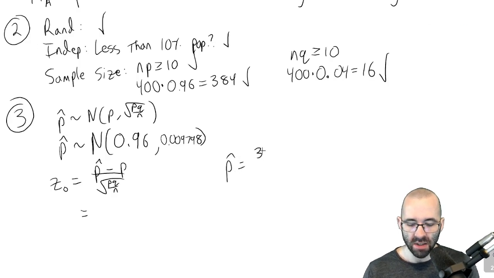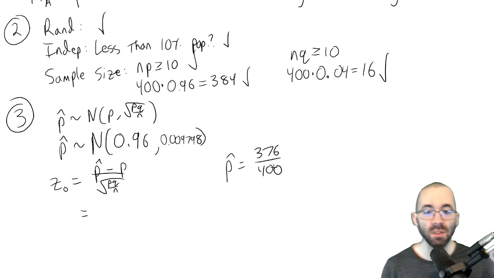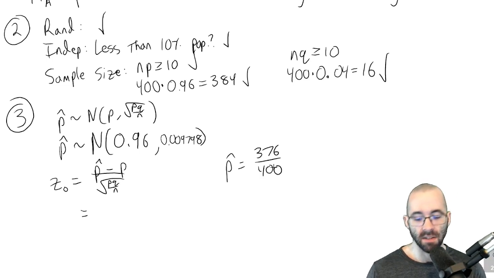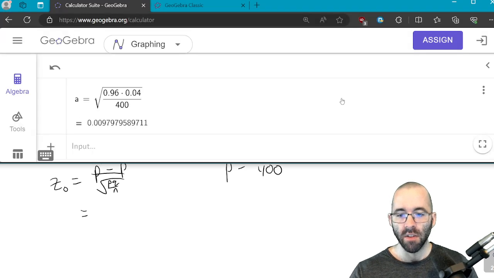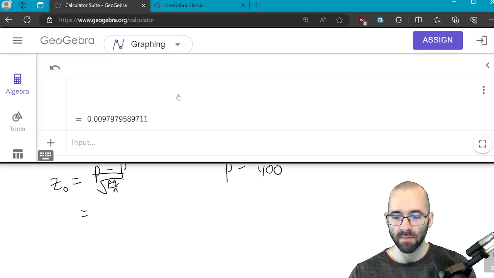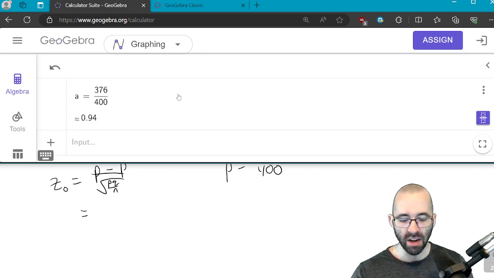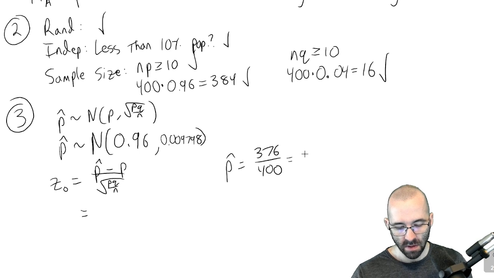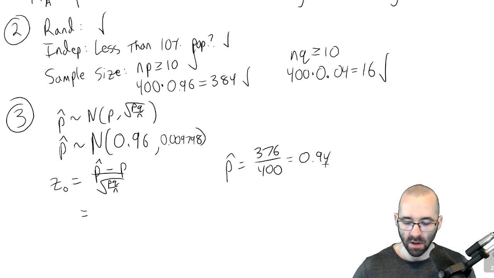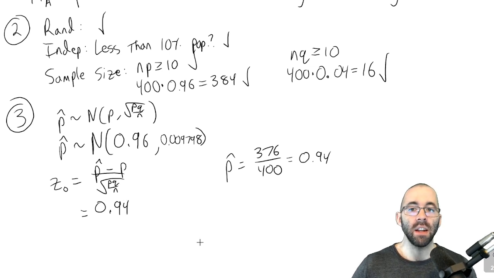P hat is just 376 over 400. This is the proportion that worked for us when we collected our evidence. 376 over 400 is going to be 0.94. So in our situation, we had 94%.